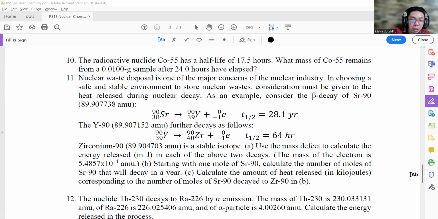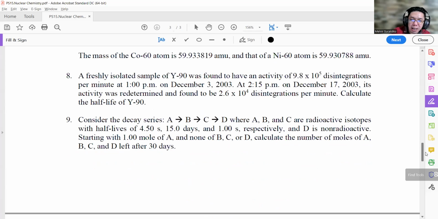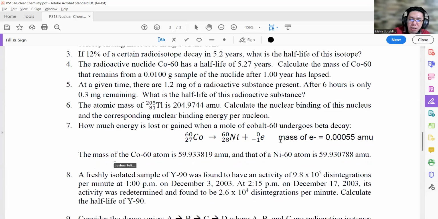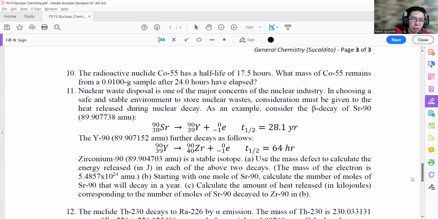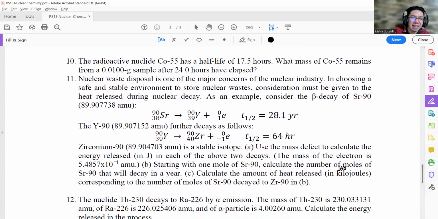Okay, nagbigay na ako ng approximation dyan, Josh, no? Yung kanina, gagamitin pa rin natin siya. Mass of electron is equal to 0.00055 amu. That is the same, 5.5 times 10 to the negative 4. Ayan. Sakto na ba? Negative 4 amu. That's for letter A.